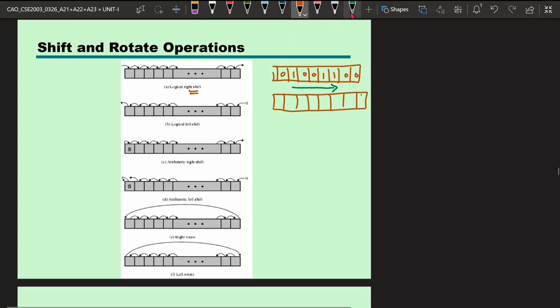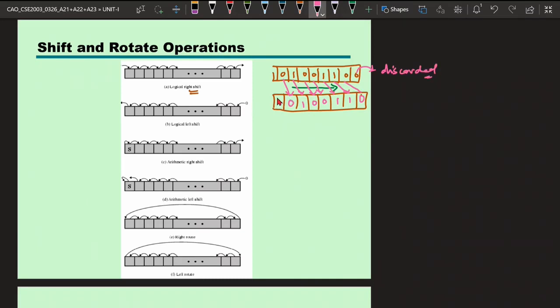After shifting it, we'll see what the content is. If it is a right shift, the last bit data will be moving here, 0. This one will be moving here, 1. This is going to move here, 0. They will be shifting to the right side, 0, 1, 1. This 0 will be shifting to this 0, and this data will be discarded.